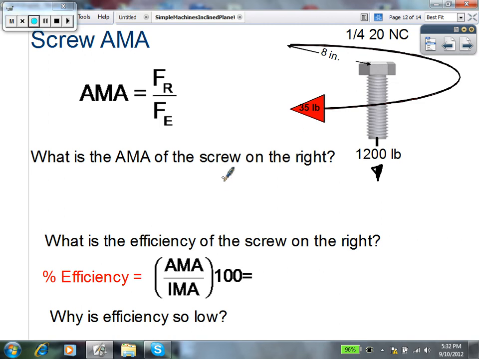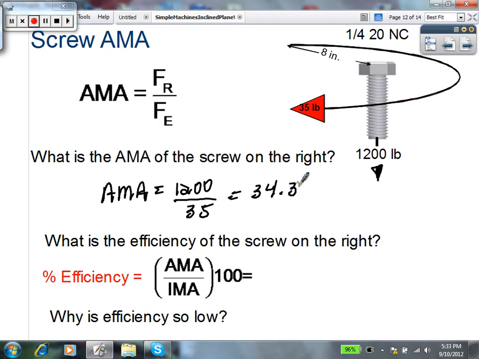So the actual mechanical advantage is going to be 1,200 divided by 35, which is approximately 34.3. Okay, so that's a big difference from the 1,005 that we came out with for the ideal mechanical advantage.